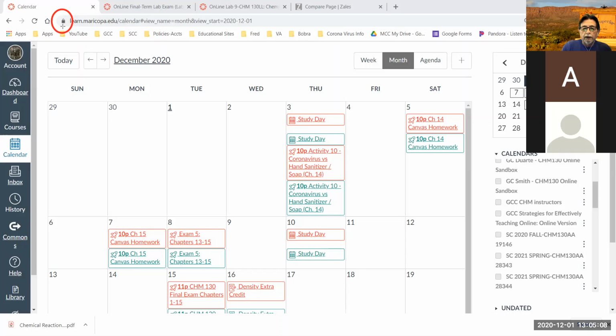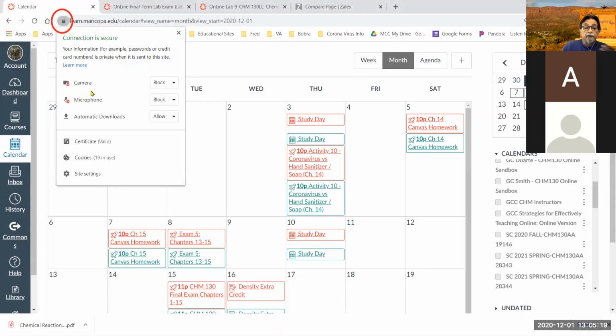But if not, try this first. Go up to the far left. You'll see an icon of a lock. Click that. And here it might show up and say Flash not allowed or something. In my case, I do allow it, so it's already that way by default.